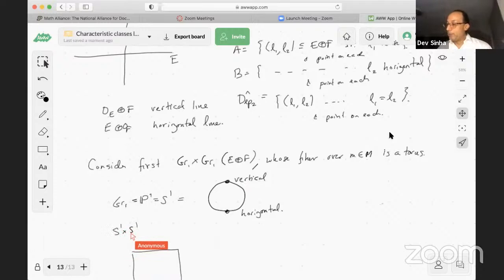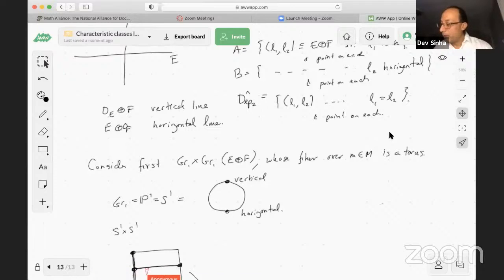if I take the vertical cross S1, I've got that. But then if I take the horizontal, or I guess that's vertical cross S1. Well, anyways, I guess I should have called this S1 cross vertical, sorry. Just in our usual X before Y, meaning a Cartesian product. So let me correct that.